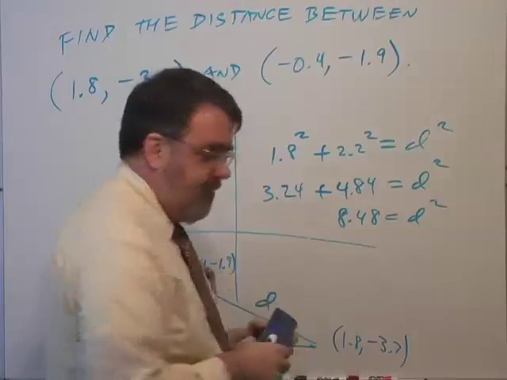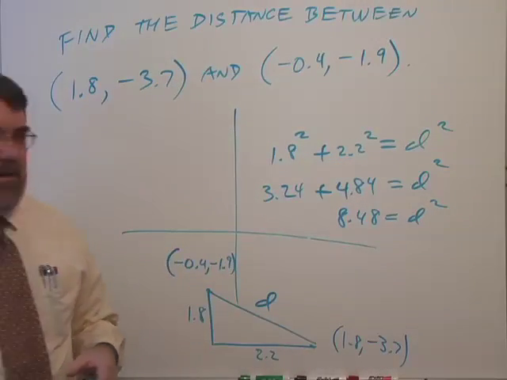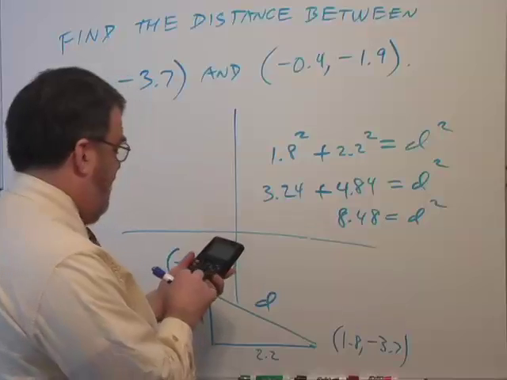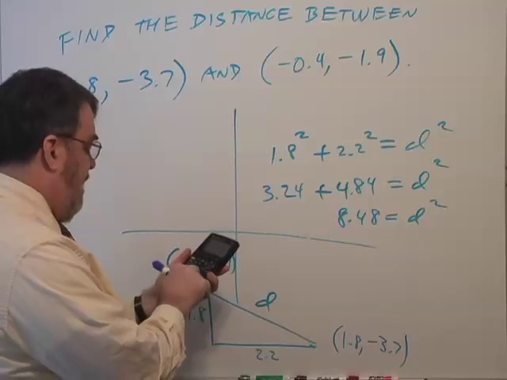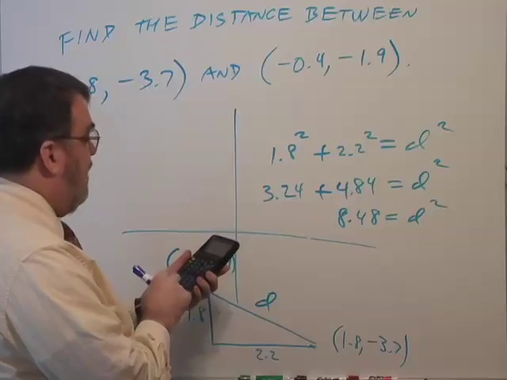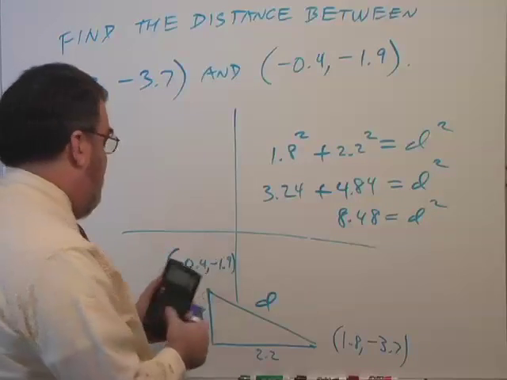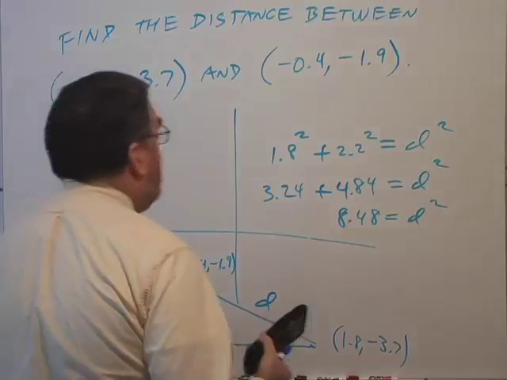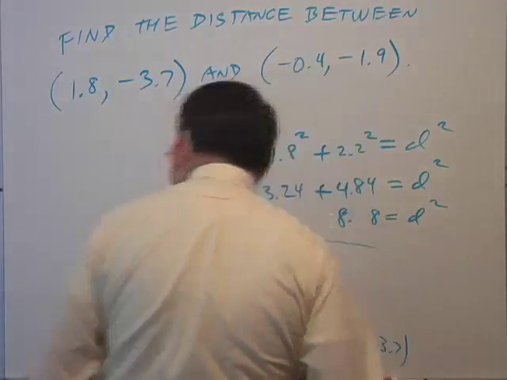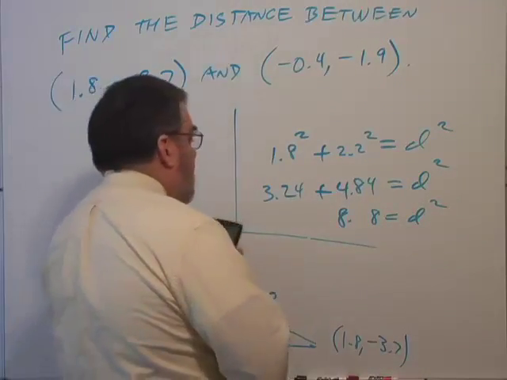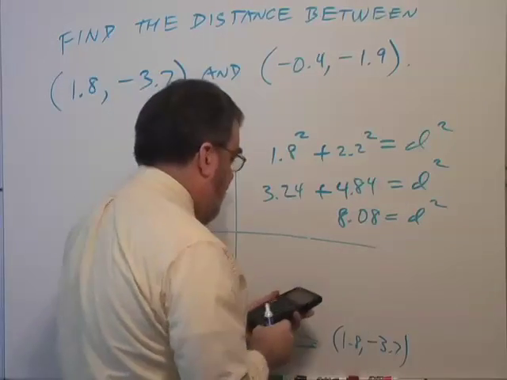So word to the wise, check yourself on a calculator. All right, 1.8 squared is 3.24 plus 4.84 is 8.08. Okay, so there we go, 8.08.